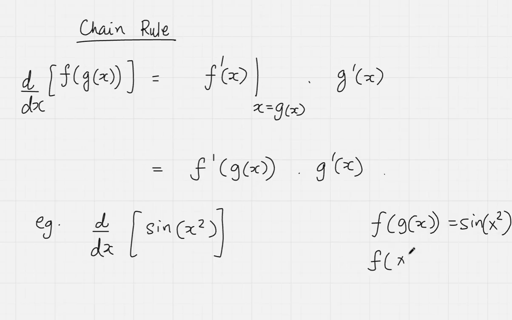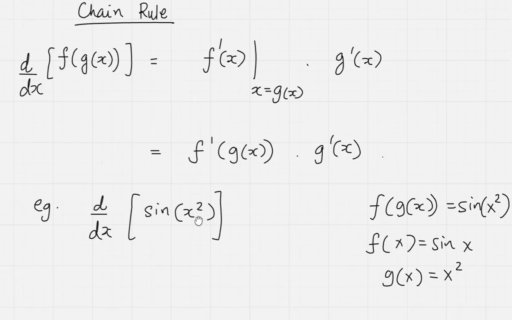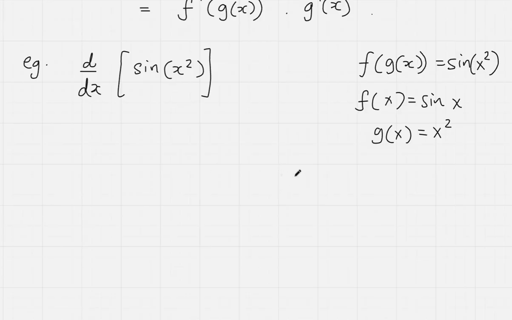So f of x is sine x and g of x is x squared. So therefore, f dash of x, the derivative of f, as we know, is cos of x. g dash x is 2x.